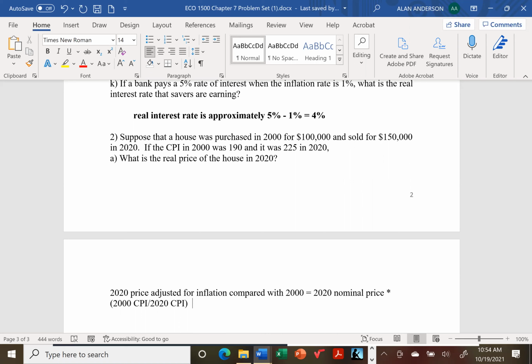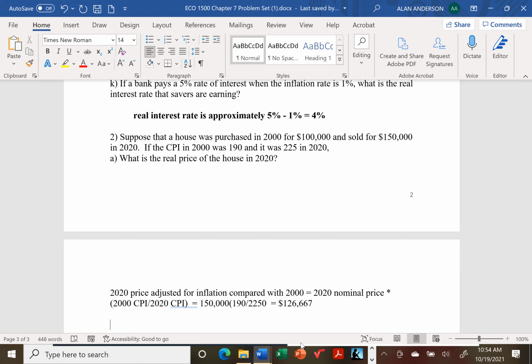So what we're saying is that, while yes, the house sold for $150,000 in 2020 dollars, what would that have been in 2000 dollars? So we're going to take the 150,000 and multiply it by the ratio of 190 over 225, and that's 126,667.